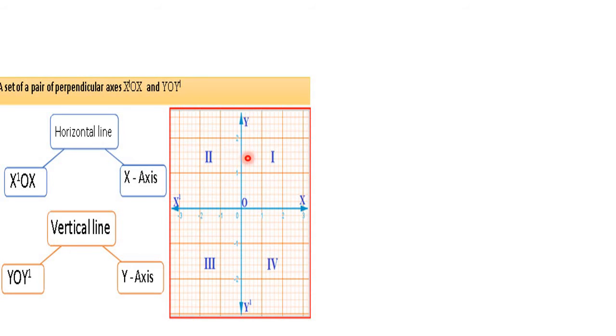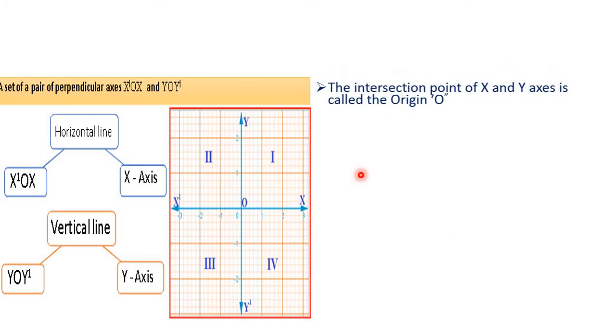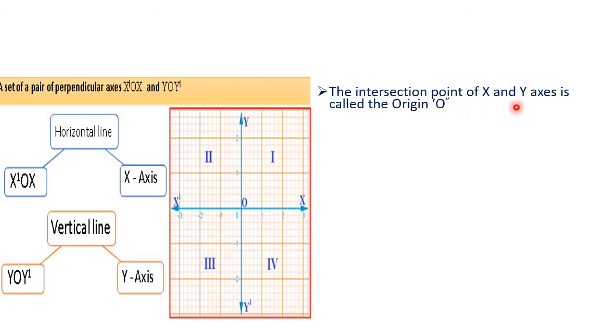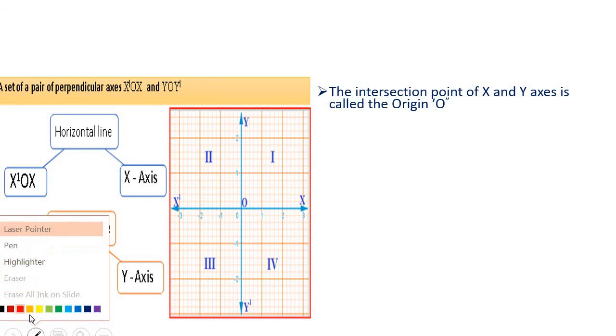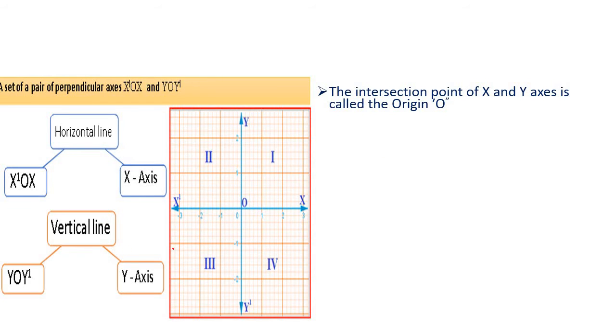The given plane is divided into four quadrants, called the first quadrant, second quadrant, third quadrant and fourth quadrant. The quadrants are written in anticlockwise direction. The intersection point of the x-axis and y-axis is called the origin.